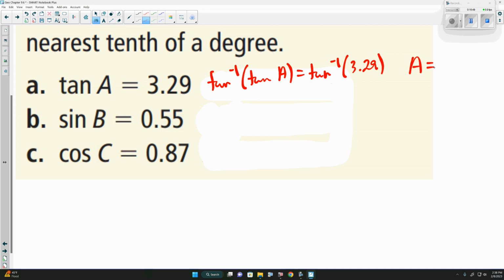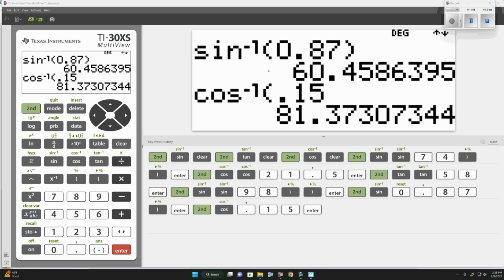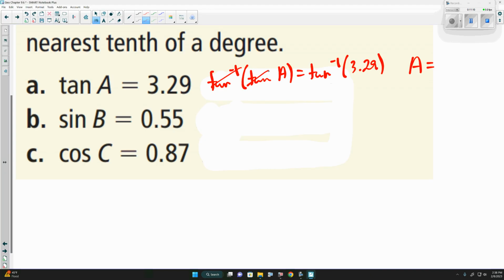Because tangent inverse of tangent of A, the tangent and tangent inverse will cancel each other out. They will undo each other. 3.29.